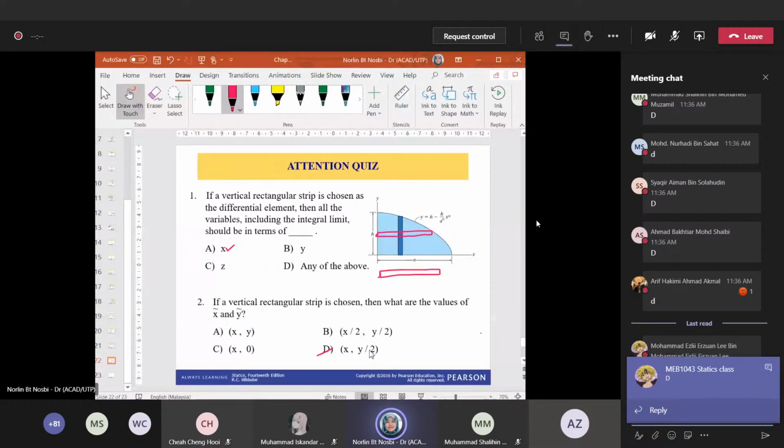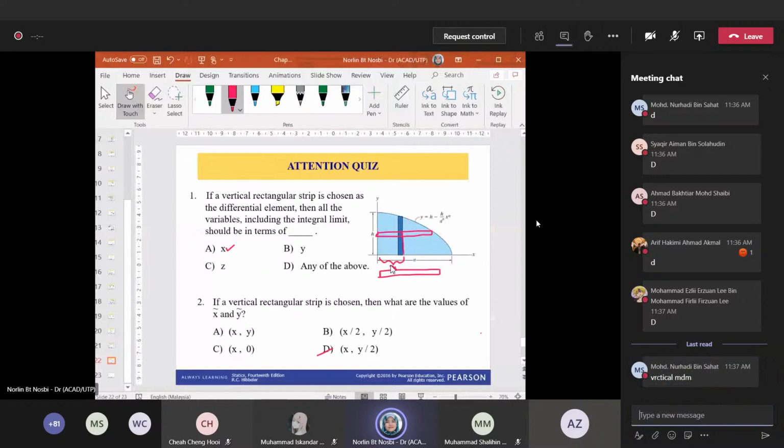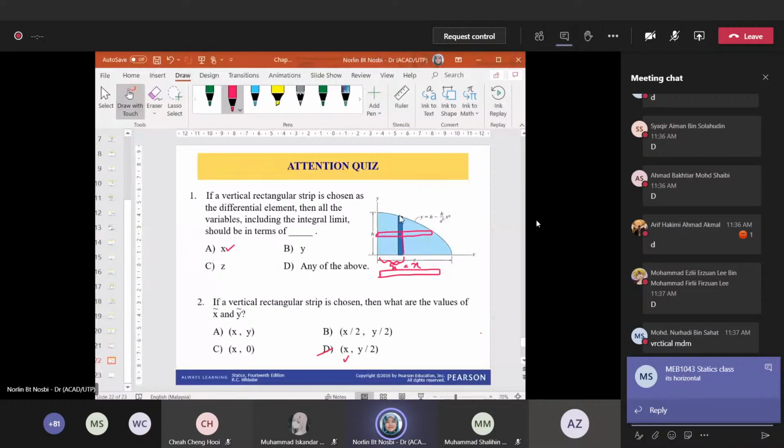From this point here until this vertical, this one is x tilde. There is no shape that can change the center, so x tilde is equal to x. And then how about y? Sorry, I'm mistaken, I want to delete this one.